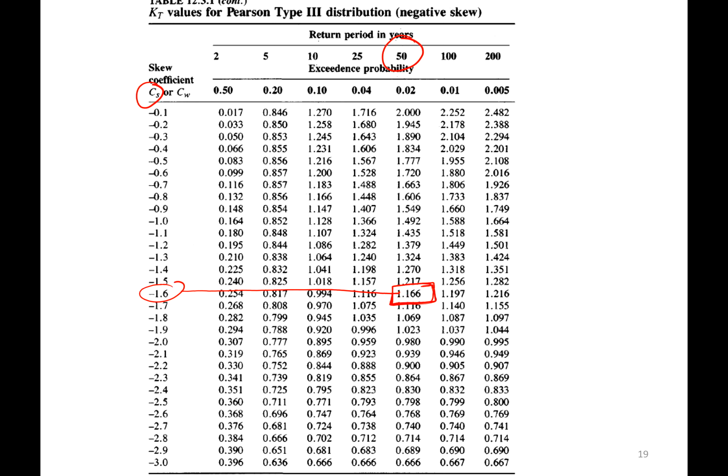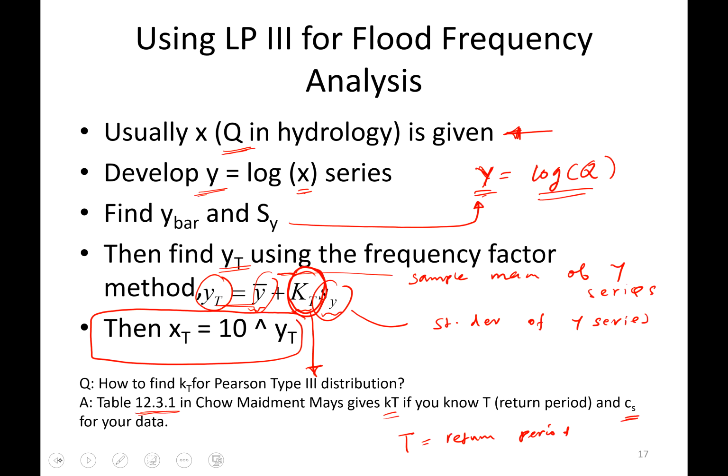So I use this and go back in this expression here, put that kt, get my yt and the xt, which will be again read xt as qt, and then I can get the final answer that I'm interested in, which is the discharge corresponding to a return period of t.